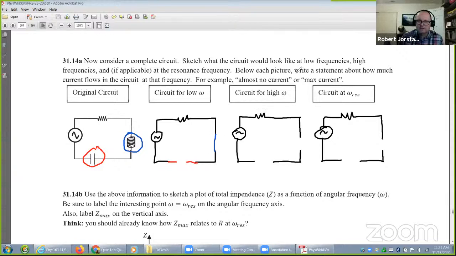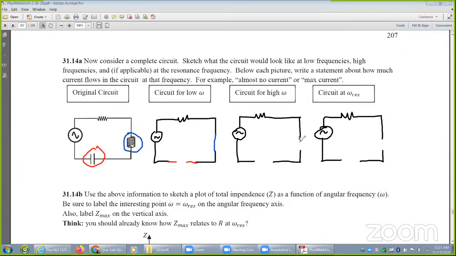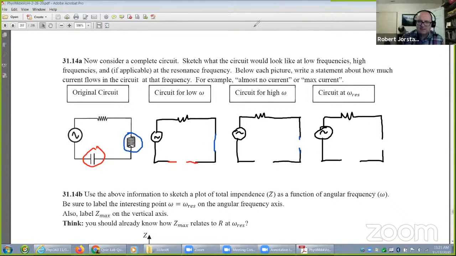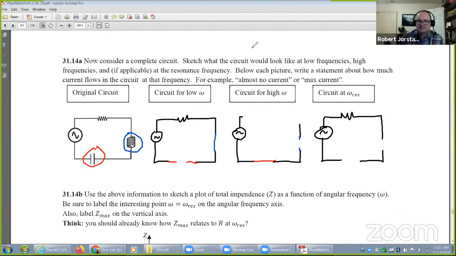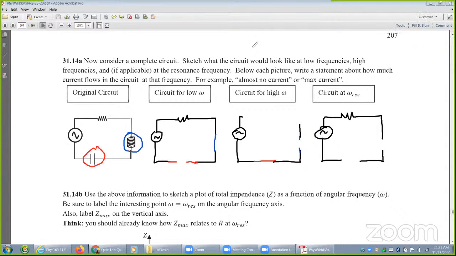At very large frequencies, at high omega, what do you think? Let's start with the inductor. The inductor is broken. And what's the capacitor then? It is a short. And so what's going to happen at resonance? Everything's shorting out, right? Yeah, it's a short.